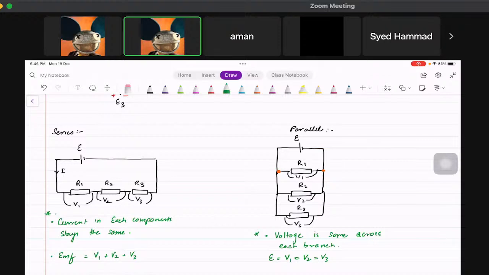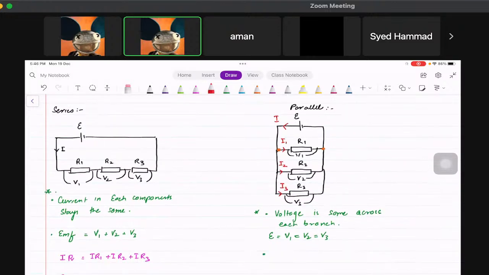However, when the current goes out of the battery, it needs to decide how much it wants to go into each branch depending on the resistance, right? The higher the resistance, the lower the current in that branch. But generally, the total current I is equal to the sum of all currents.